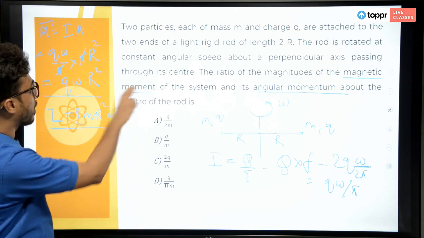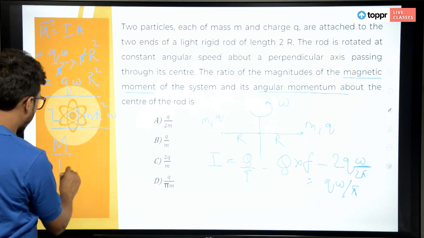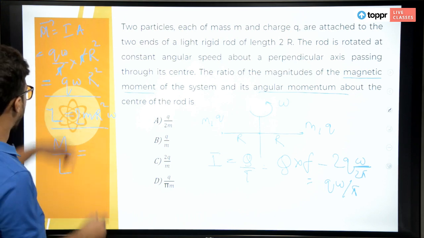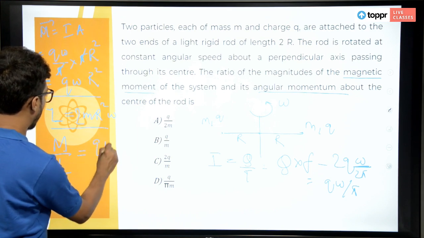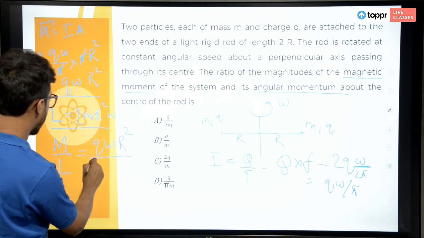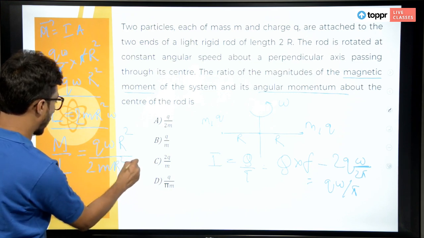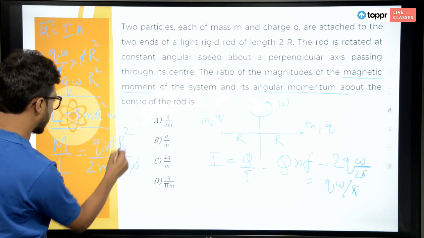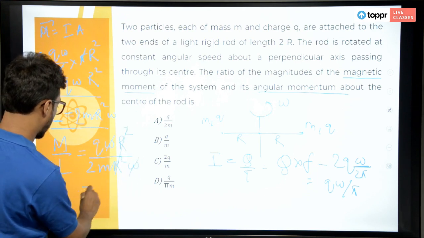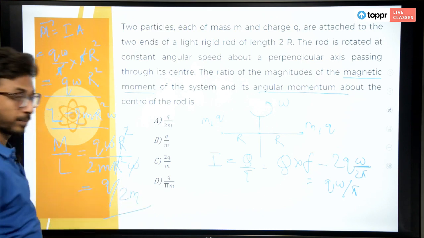So the ratio between magnetic moment M divided by L is q omega r square divided by 2 m r square into omega. So omega cancels out, r square cancels out, it is q by 2m.